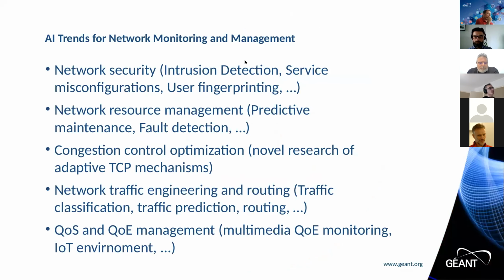That brings us to the usage of artificial intelligence and trends in network monitoring and measurement and management. Sorry, the first applications of machine learning techniques were seen in traffic classification, especially within intrusion detection systems.